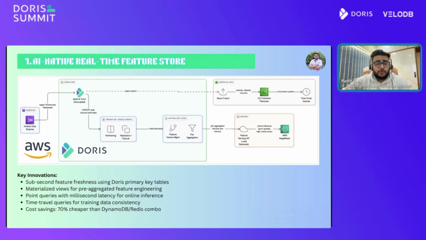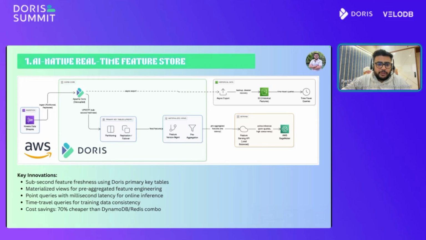I am using primary key tables with upserts, which handle the real-time updates seamlessly. One of the major points was the materialized view, which handles the heavy feature engineering automatically. Afterwards, SageMaker pulls the features for inference in under 5 milliseconds.